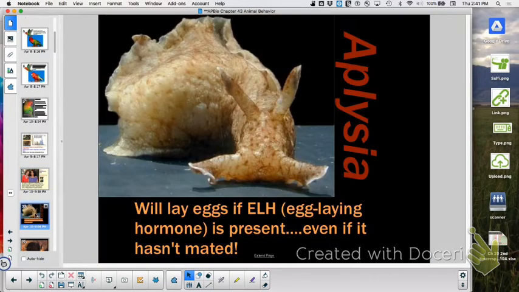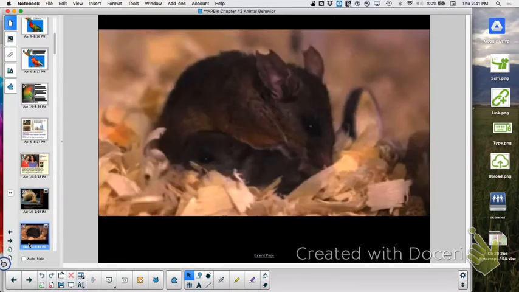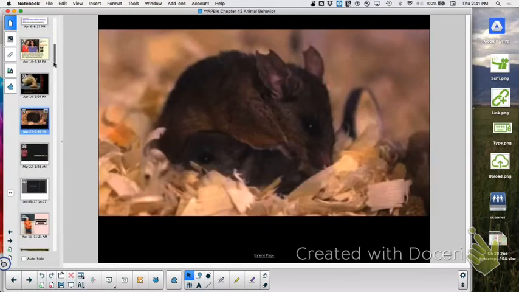We talked about aplysia and how they have a really ornate behavior before they lay eggs, and even though they hadn't copulated, if they were given the egg-laying hormone, they went through all the steps for egg-laying behavior. And remember too the FOSB gene with mice, that mothering gene. If that mothering gene was turned off, then they didn't know how to care for their young, like keeping them warm or if they walked away.